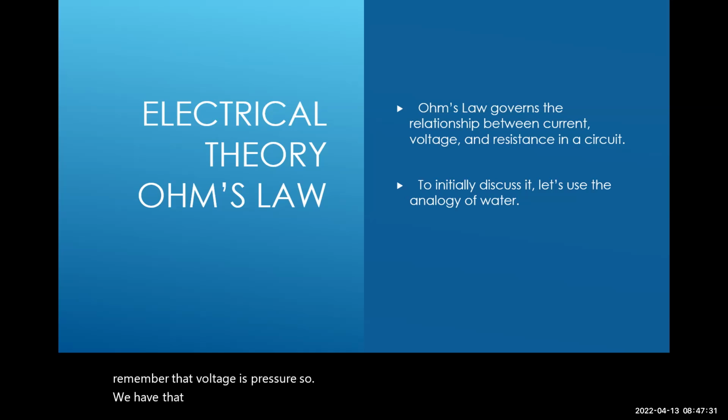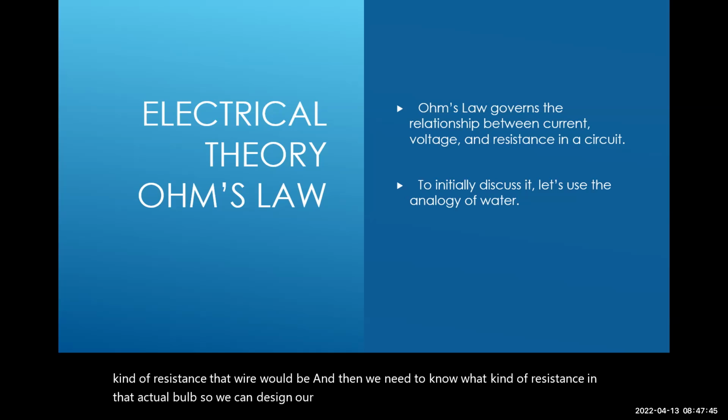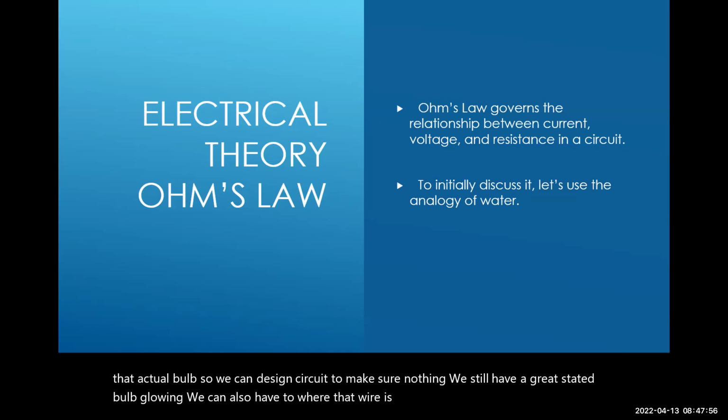Okay, we got a nice size battery. We need to know what size wire, what kind of resistance that wire would be. And then we need to know what kind of resistance is in that actual bulb. So we can design our circuit to make sure we still have a great, say, bulb glowing. We can also make sure that wire is not damaged. So we have the three, okay?